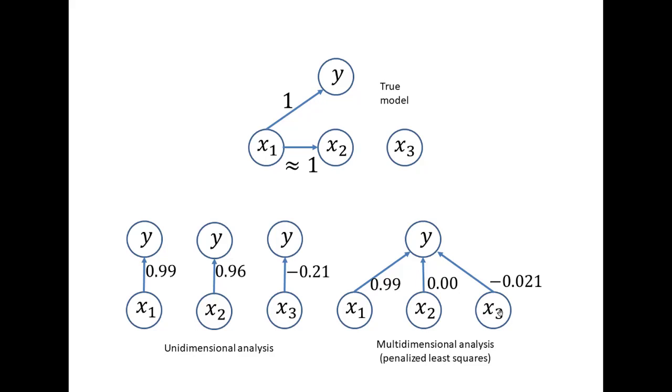So first of all, the big step is from univariate, one-dimensional, to multidimensional, and then a further improvement comes from using a penalized least squares approach. Now the study would say, no, the medication doesn't have any influence. Of course, this is a very extreme case, but it is not unimportant.